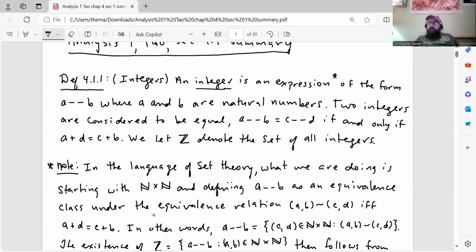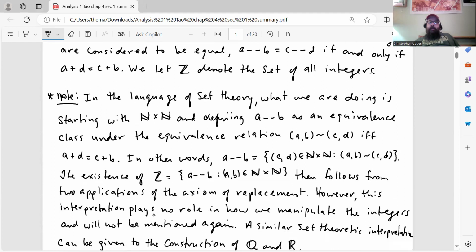So he has a note here, which is why I put a star by the word expression. He says, in the language of set theory, what we're doing is starting with the Cartesian product of the natural numbers with itself and defining a minus minus b as an equivalence class under the equivalence relation (a, b) is equivalent to (c, d) if and only if a plus d equals c plus b.